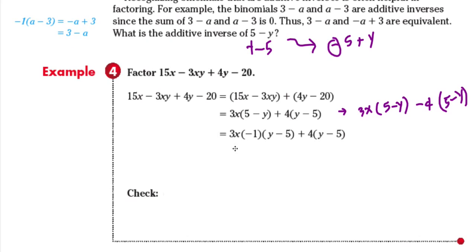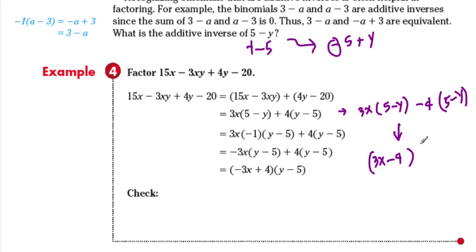So now, if you multiply by negative 1, this becomes negative 3x times y minus 5 plus 4 times y minus 5. Or simply using the distributive property, that is your A, that is your B, and this is your C. So you get negative 3x plus 4 times y minus 5. And if we apply this to this one, this now becomes 3x minus 4 times 5 minus y.